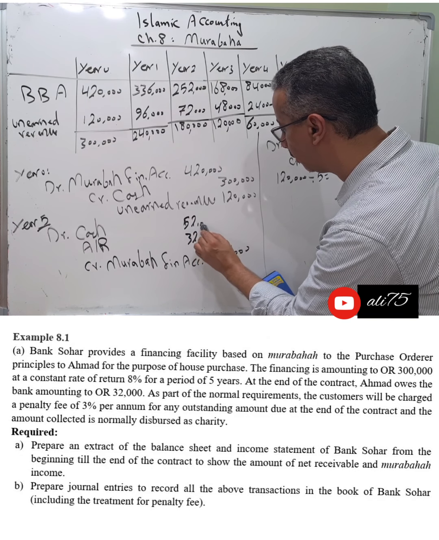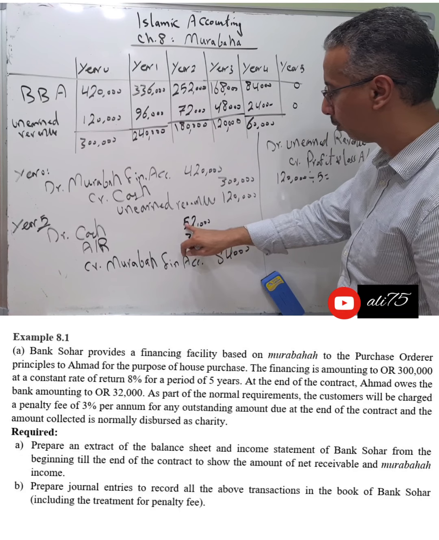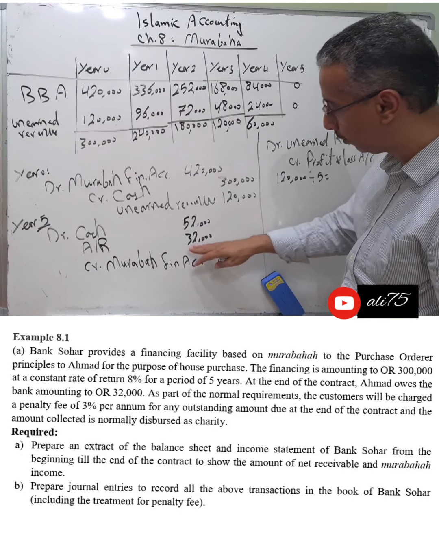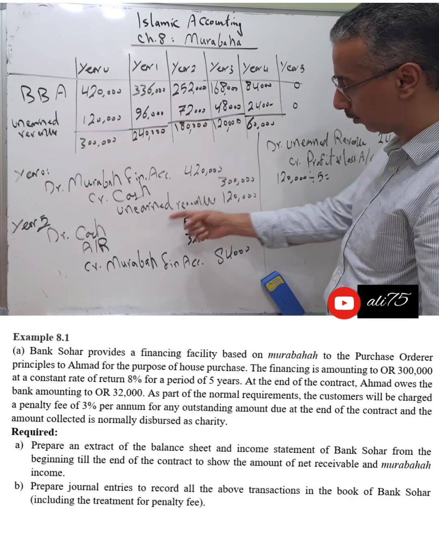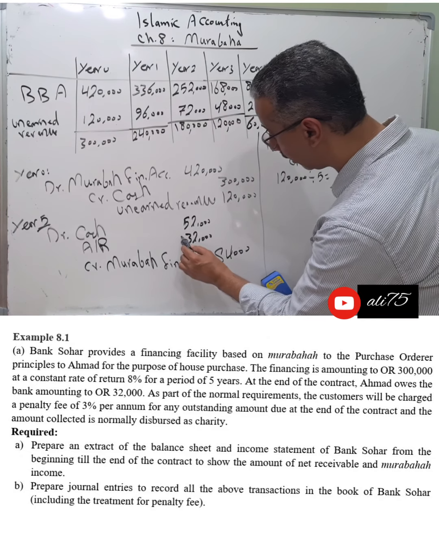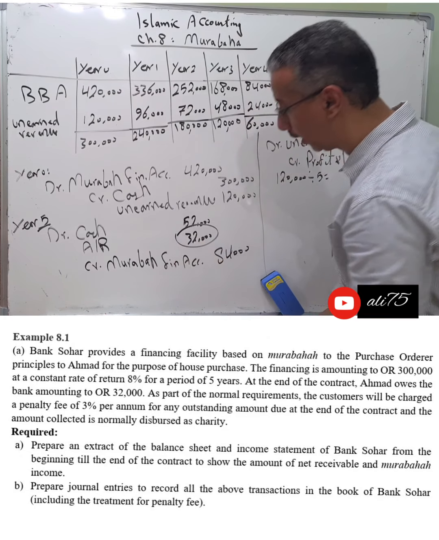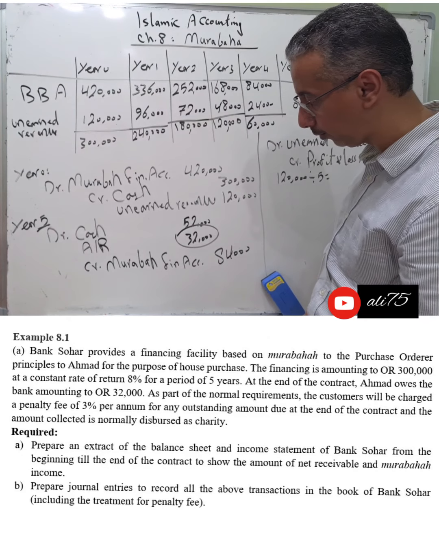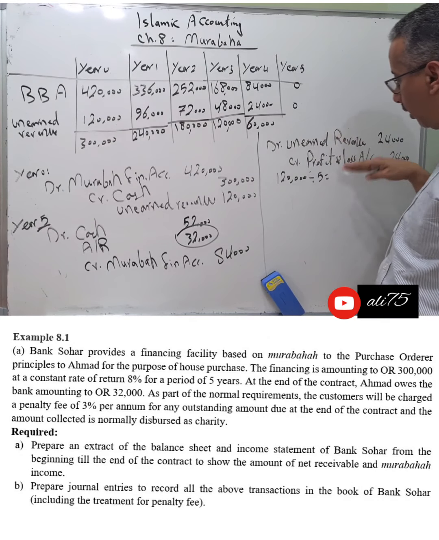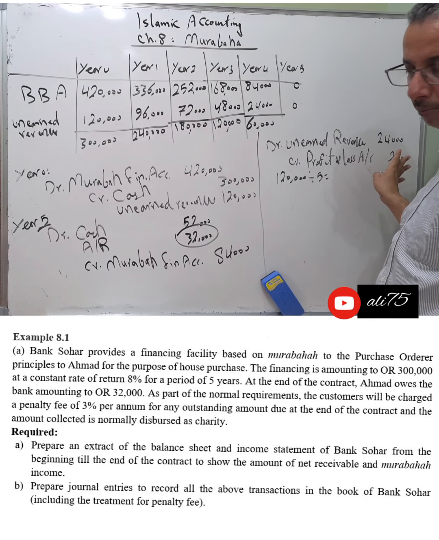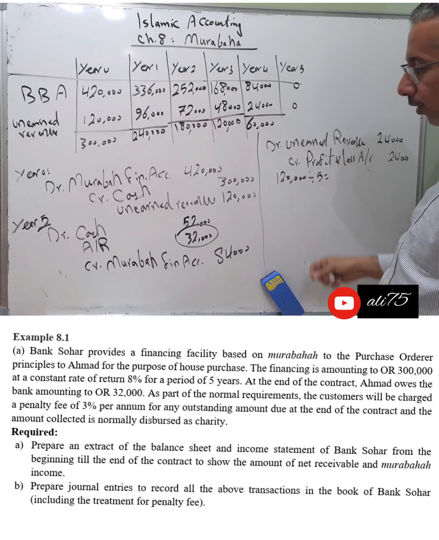Yes, the difference between them. 84 minus 32, 52 paid in cash, and still the customer has to pay this 32. Unearned revenue will be the same in year 5 as well. There is no difference here.